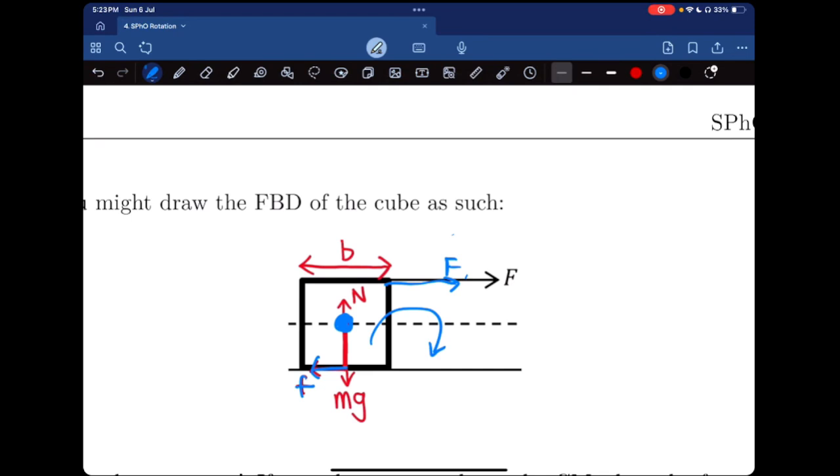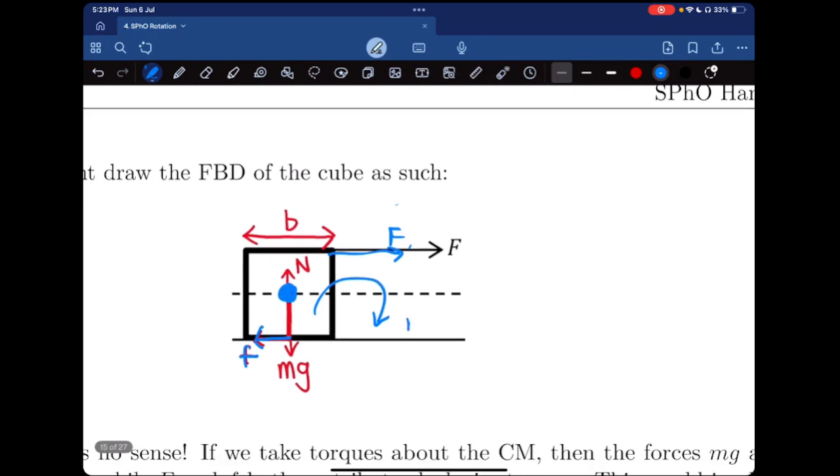So what does this imply? Would this not imply that regardless how small f is, the cube would topple? So this kind of implies that, right?